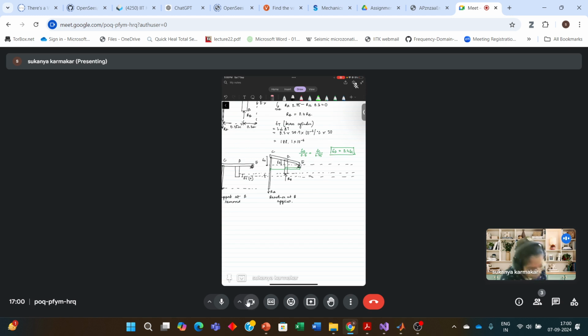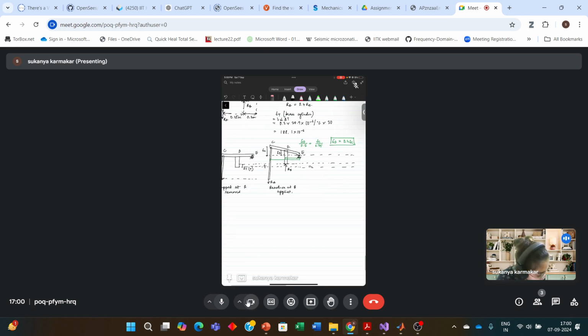This line is for point E, it does not move from that line, so E remains as it is. B also remains on this line. It can't move actually because it is supported, and AC can undergo extension like this.